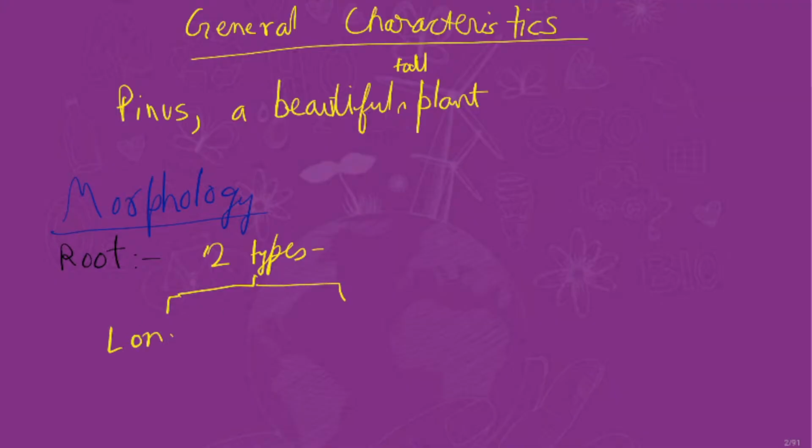Long roots having potential for indefinite growth constitute the main root system, while the lateral branches with restricted growth and relatively short life are the short roots or dwarf roots. These are long roots and short roots, dwarf roots.